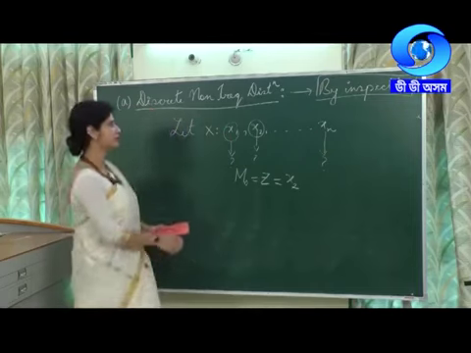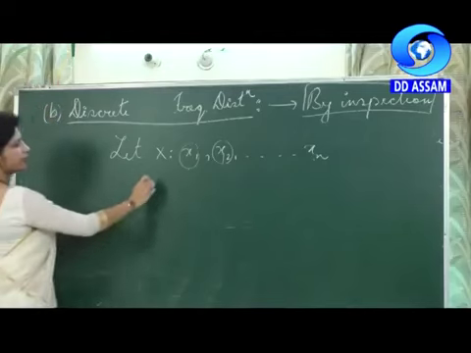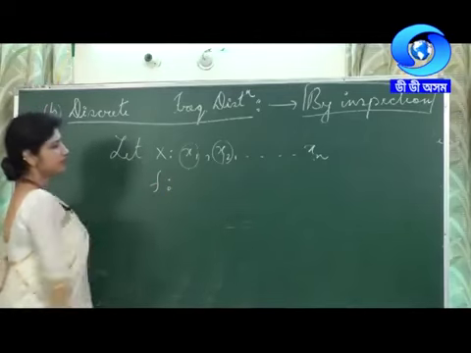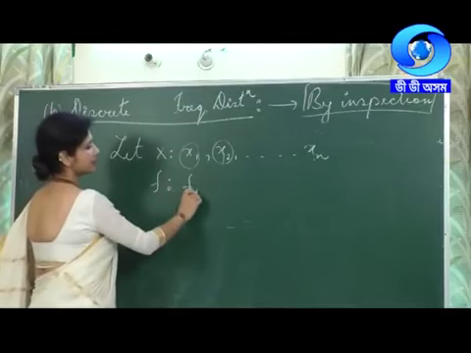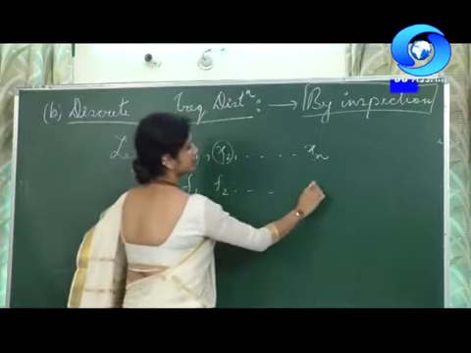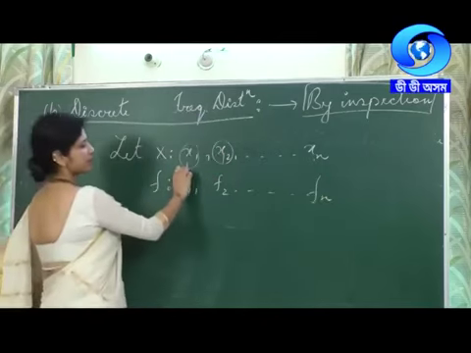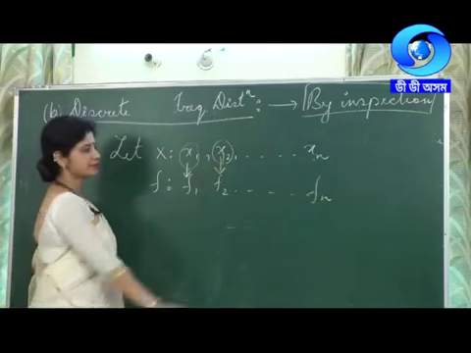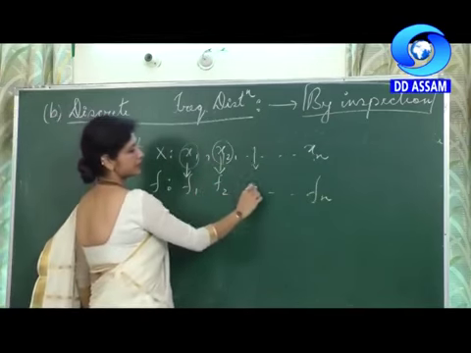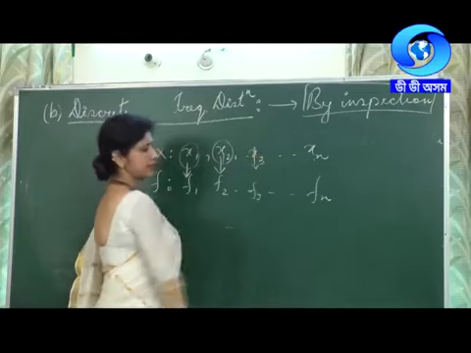For a discrete non-frequency distribution. The second case is if we are given some discrete values of the variable x along with their respective frequencies, that is, x1 occurs f1 times, x2 occurs f2 times, x3 occurs f3 times and xn occurs fn times.